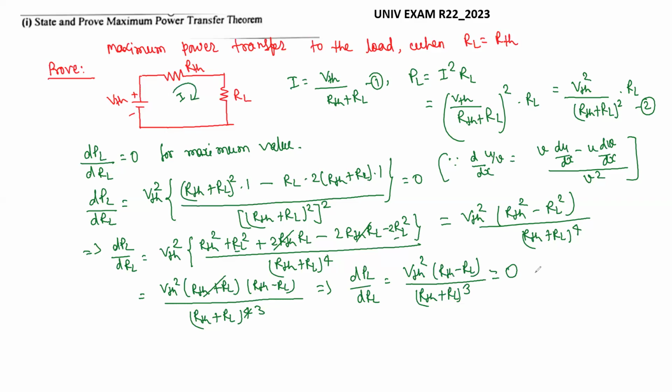So if this RTH minus RL is equal to 0, then only it will satisfy the condition that the derivative of PL with respect to RL is equal to 0. So if RTH minus RL equals 0, then what we get from here is RTH equal to RL. So this is the condition when maximum power will be transferred to the load.